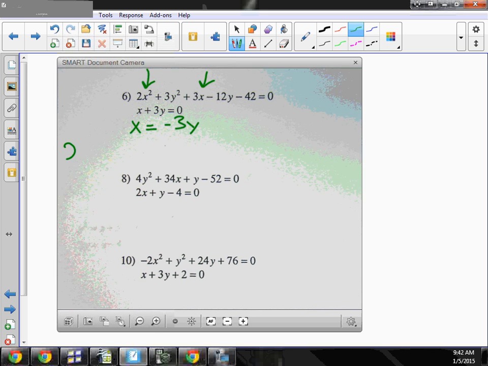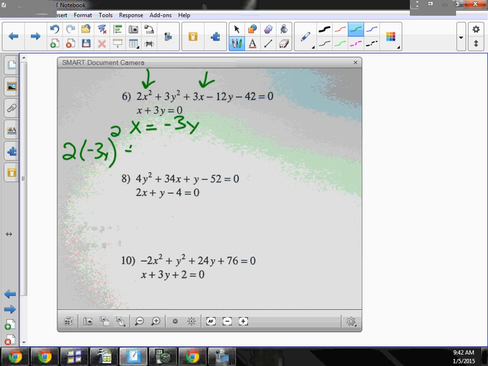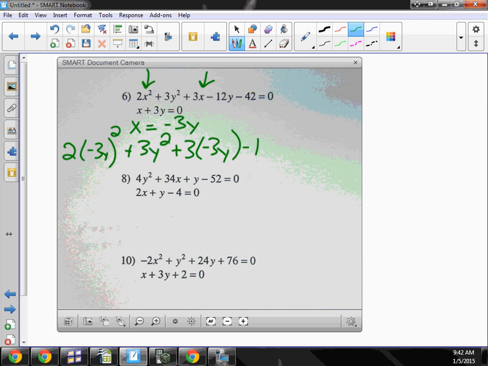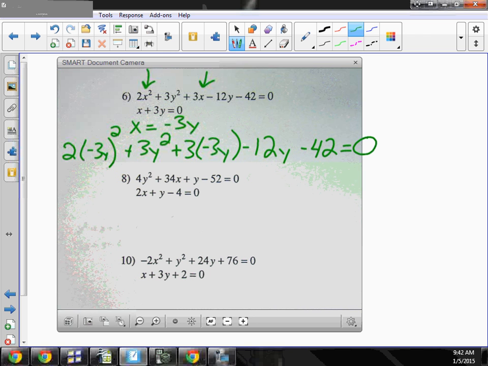So 2 times negative 3y to the second plus 3y to the second plus 3 times negative 3y minus 12y minus 42 equals 0. Did you get that? Okay. So what is negative 3y times negative 3y?